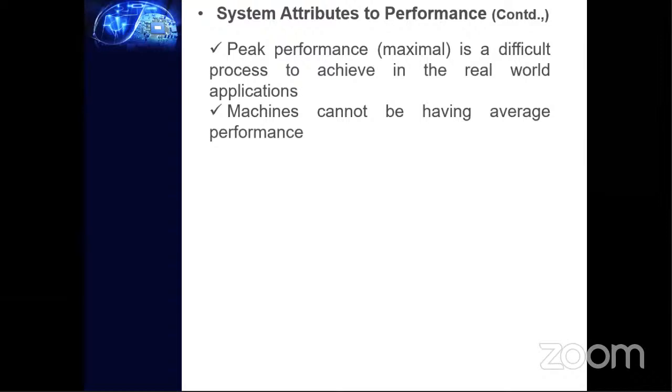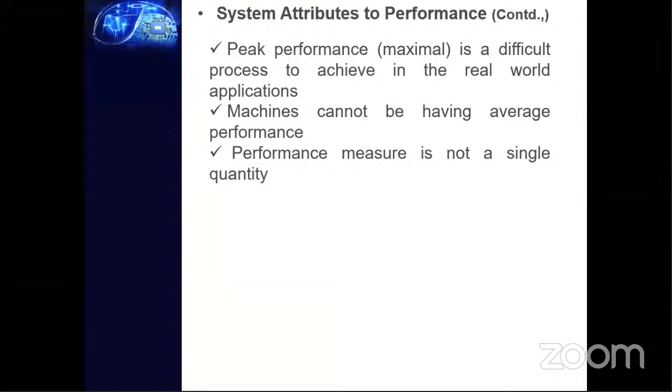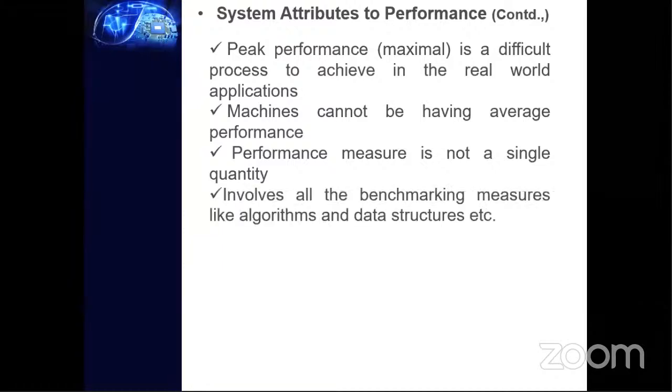From all the points that we discussed under system attributes to performance, we have to conclude this: performance measure is not a single quantity. In order to assess the performance of a parallel computer, it is not a single quantity.